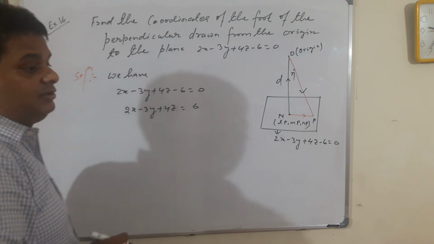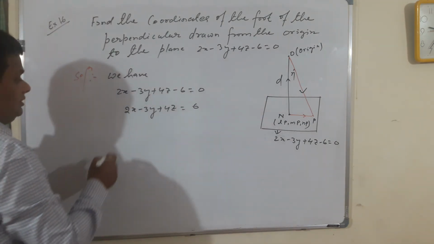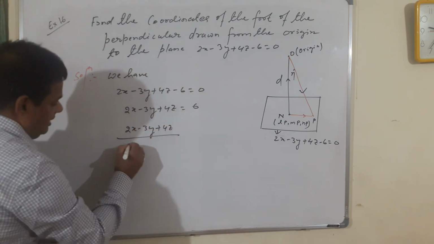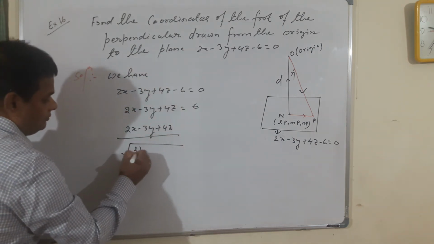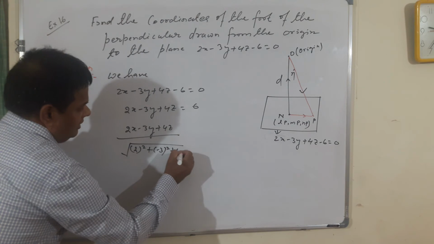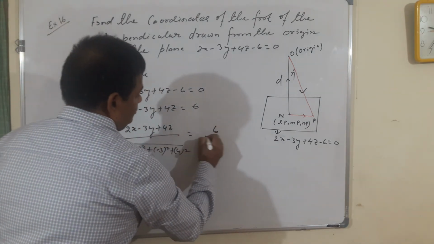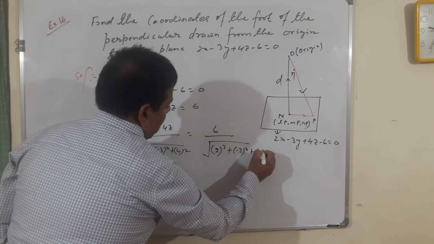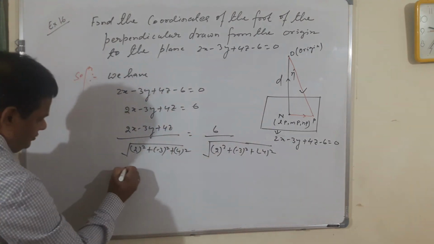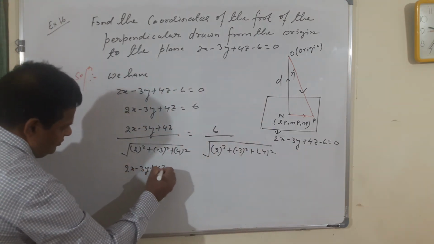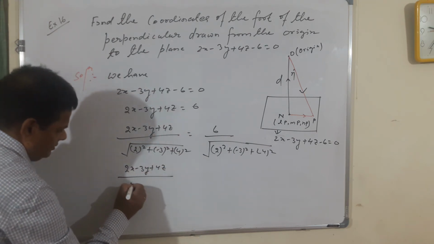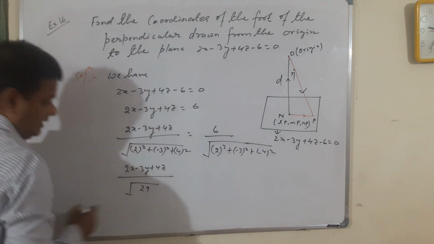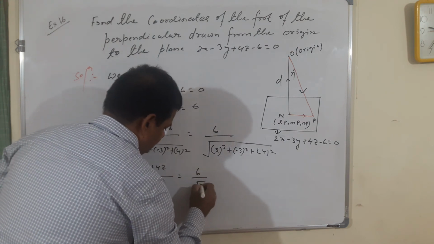Now we have to convert into direction cosines. Dividing by the square root of 2 square plus minus 3 square plus 4 square, we get 2x minus 3y plus 4z divided by root 29, equal to 6 by root 29.